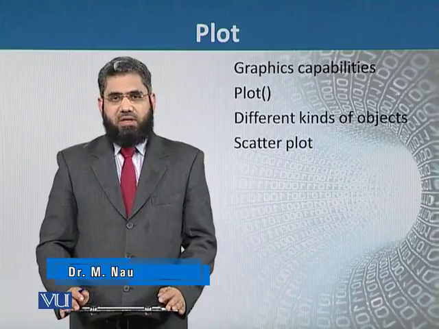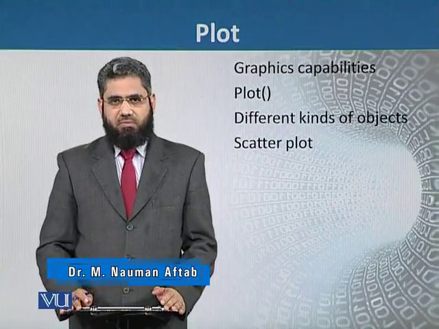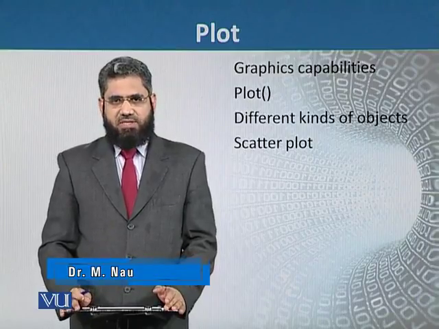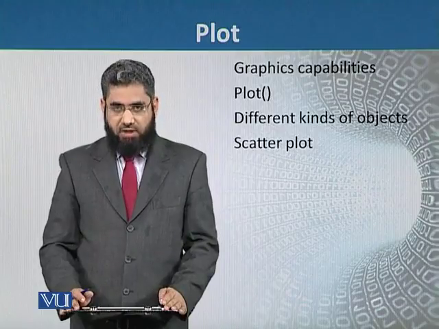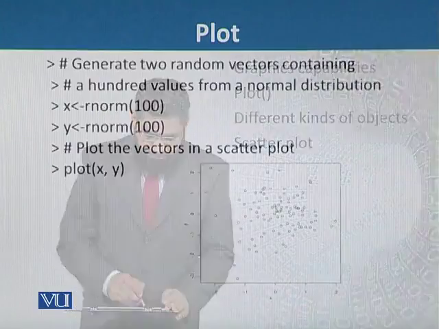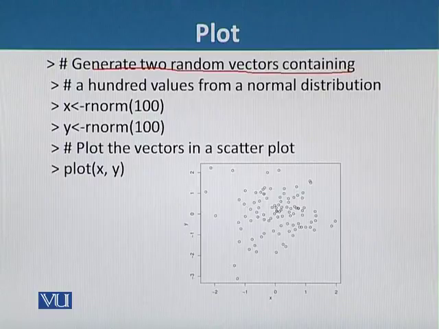Basically, when we use the command plot and give the values within the parentheses, generally the plot that is generated is called a scatter plot. Here we can generate a scatter plot, and we can write the command like this: generate two random vectors containing 100 values from a normal distribution.